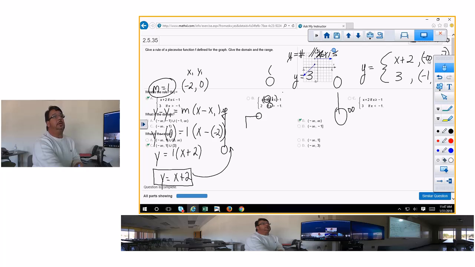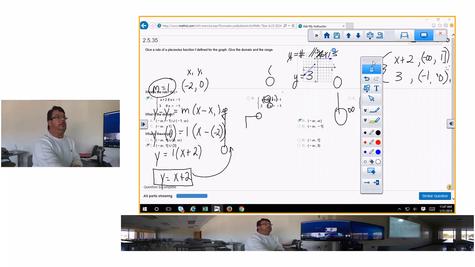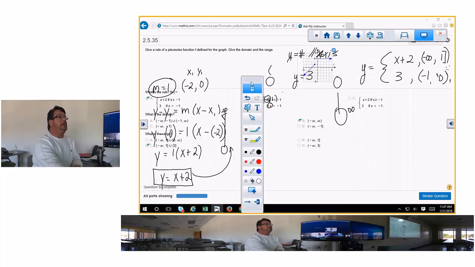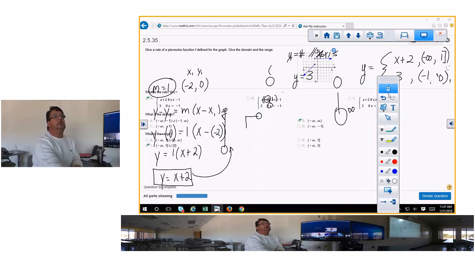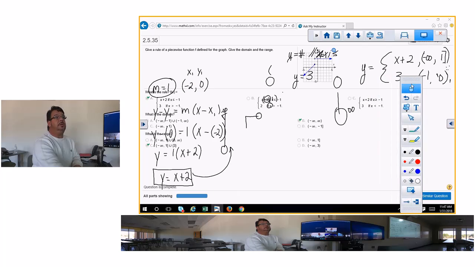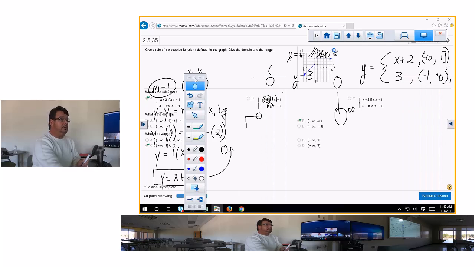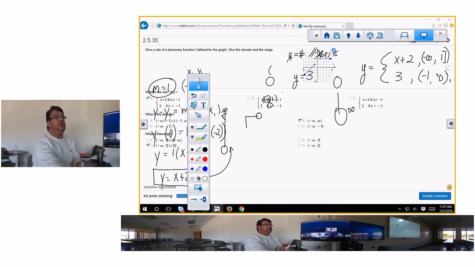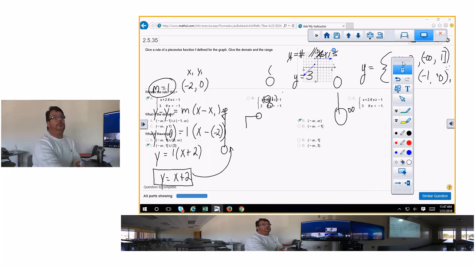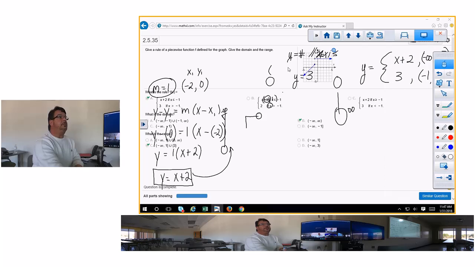That's the same thing, negative infinity to -1. That's the correct answer. I mean, I'll take either answer. And then 3, x is greater than -1. And that would be -1 to infinity. So that takes care of that.